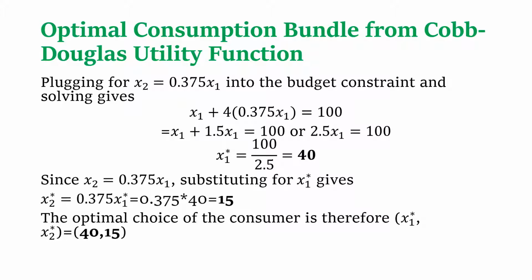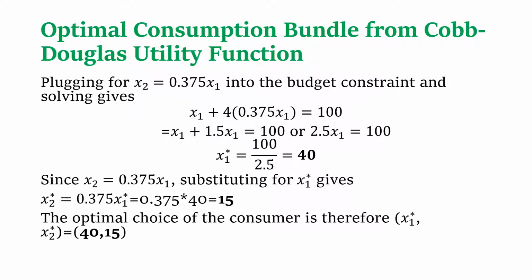Now, plugging x2 equals 0.375 x1 into the budget constraint. We are going to plug for x2 into the budget constraint to obtain the optimal value. So what do we do here? We have x2 equals 0.375 x1, and we plug this into the budget constraint.